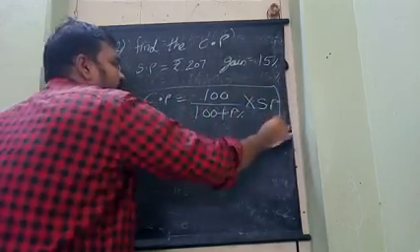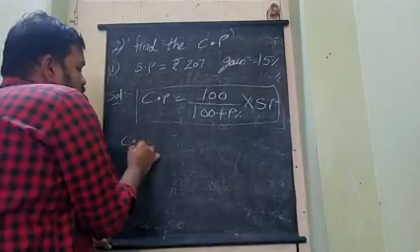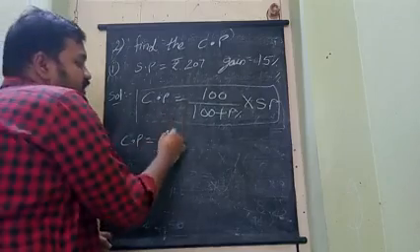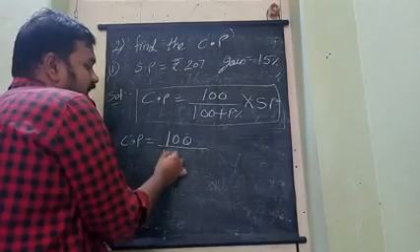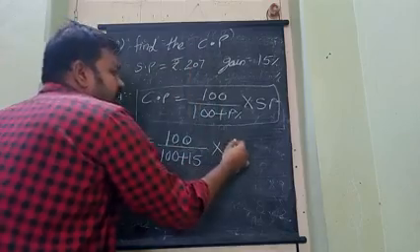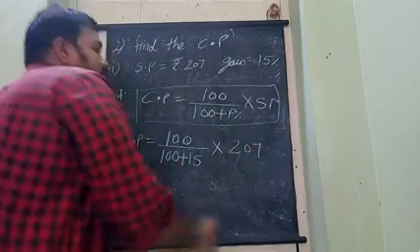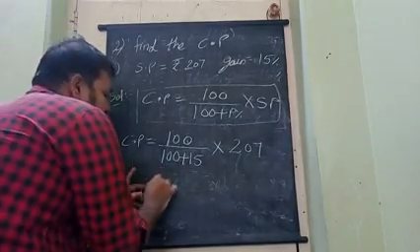Substituting in the formula, cost price is equal to 100 by 100 plus 15 into 207, where 207 is the selling price.